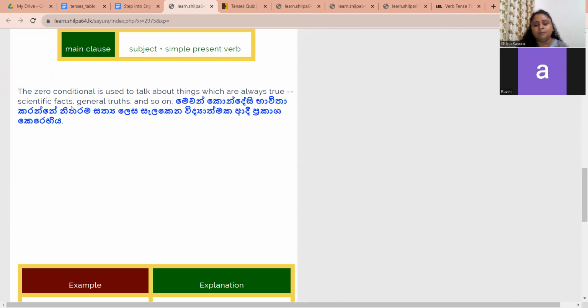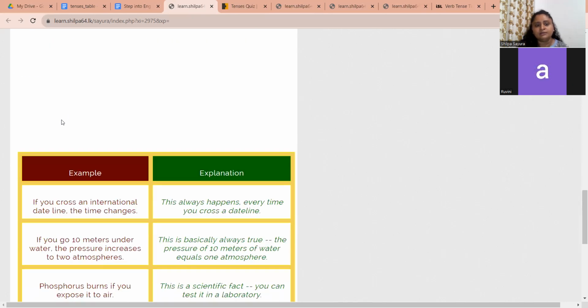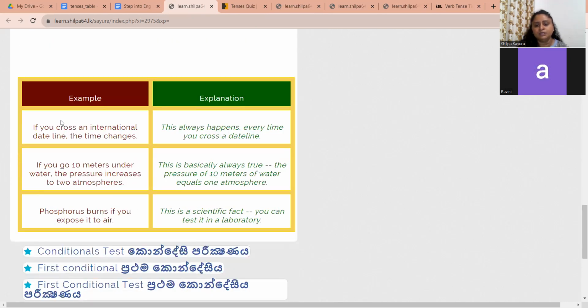If you take an umbrella, the rain doesn't get you. Right? So let's see a few more examples for zero conditionals.